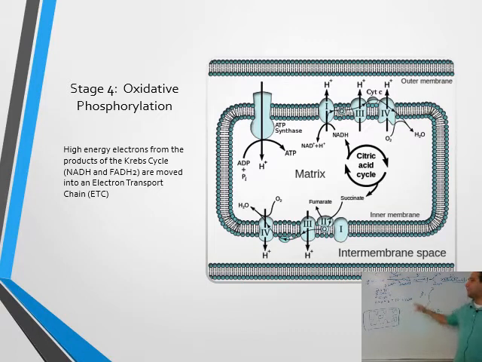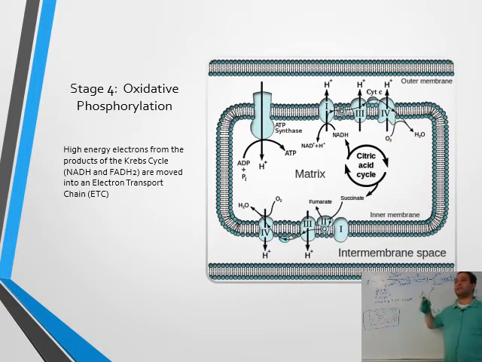All right, remember, FADH2 and NADH carry really excited electrons that want to do some work. Can I erase this part? Okay, I'll wait for a second. The really energetic ones are the NADH and the FADH2.